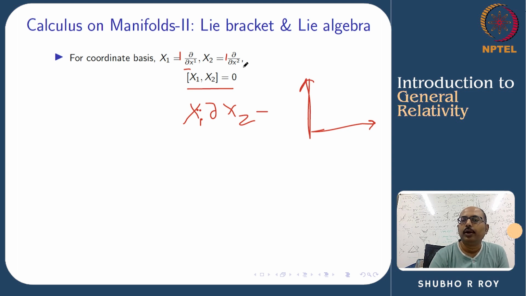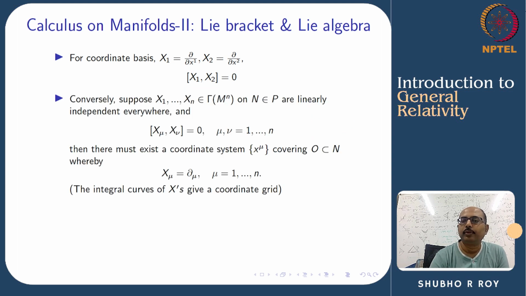So this tells you that in an n-dimensional manifold, if you have n smooth vector fields that are linearly independent everywhere, and the Lie bracket vanishes, then the integral curves can be thought of as a coordinate grid.